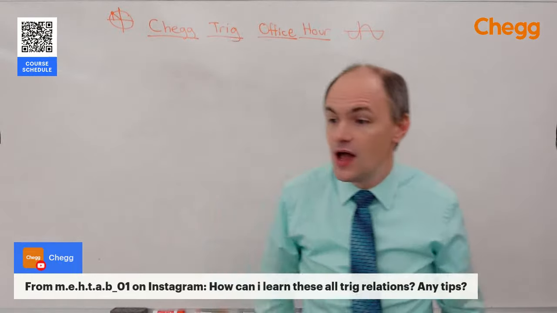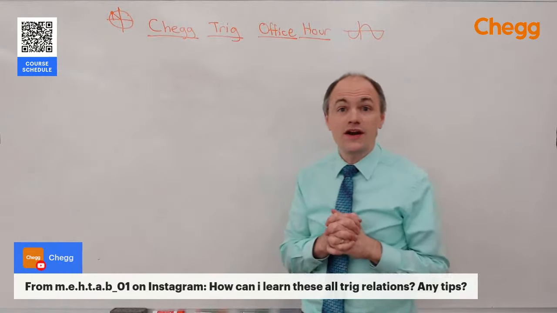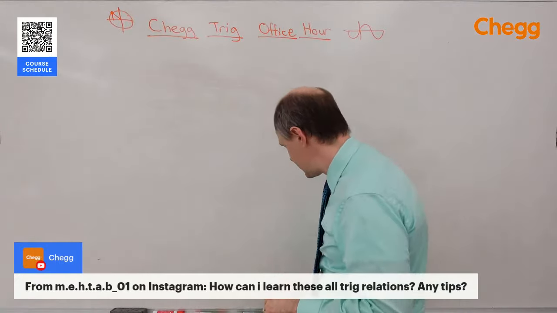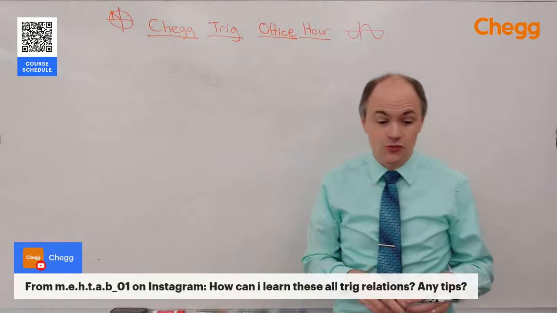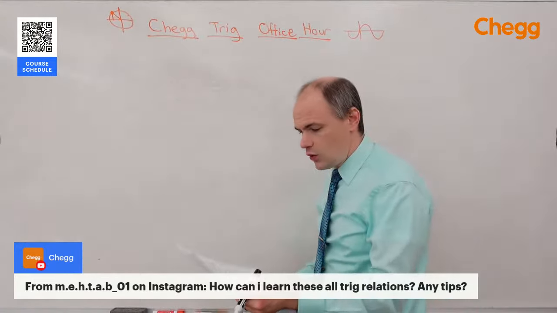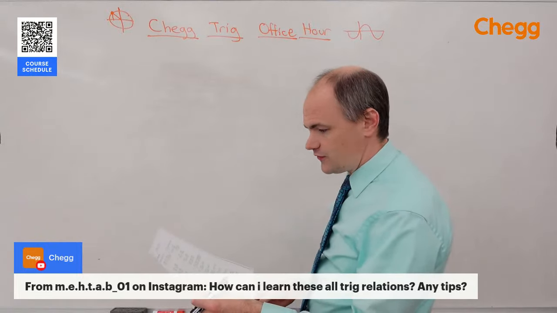All right. Brody on TikTok wanted to know about doing more proofs. You can never do enough proofs. That's probably the most common question we get. So let's do another proof just to keep practicing working with proofs.